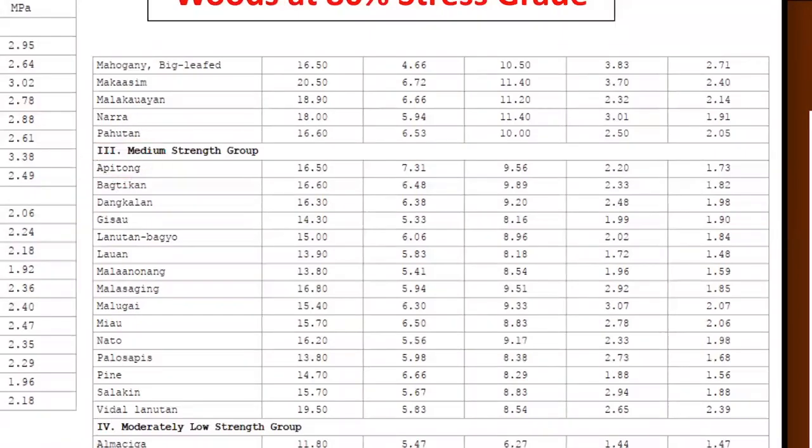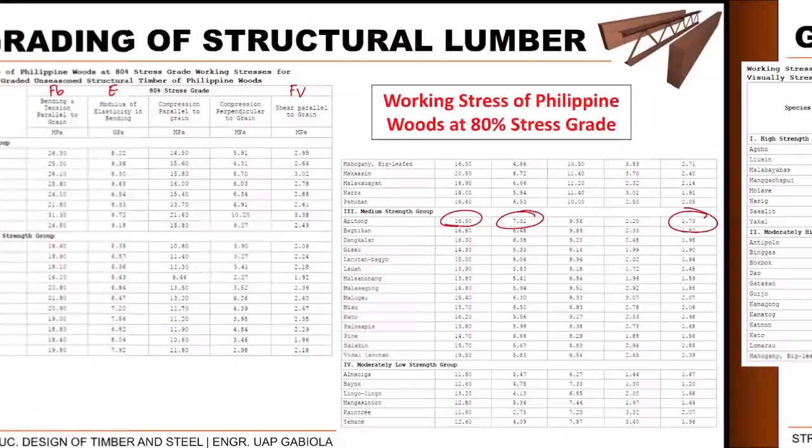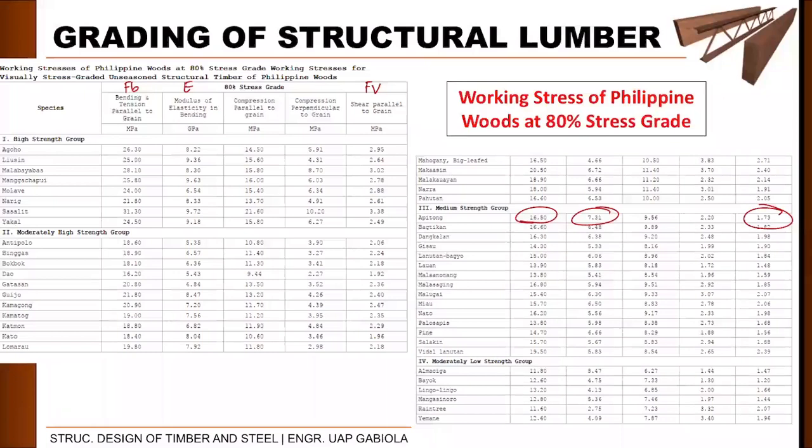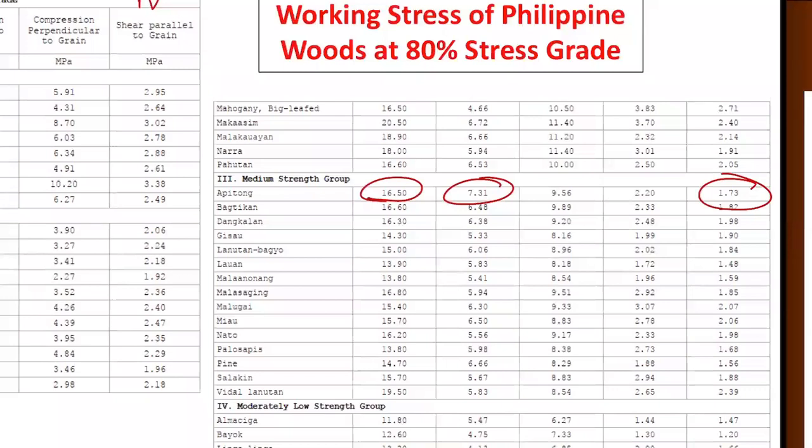So, yung gagamitin nating values sa kanya are 16.5, 7.3, tsaka 1.73. Okay? So, mapapansin niyo yung unit. Yung sa first column is MPa. Yung sa modulus of elasticity is gigapascal and then megapascal. So, we have 16.5, 7.31, and 1.73.